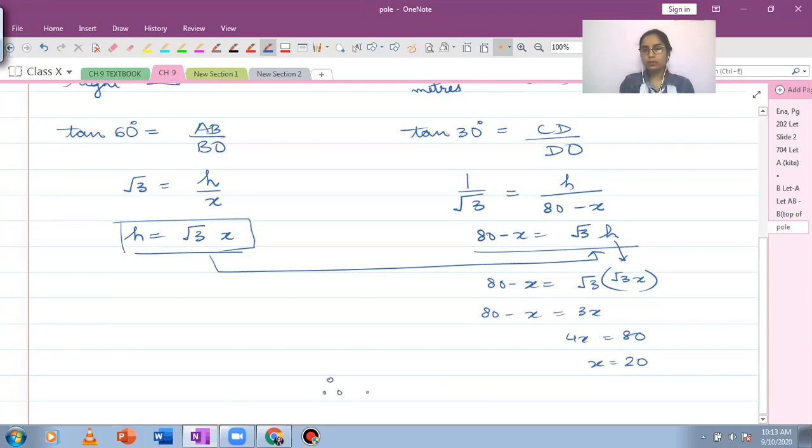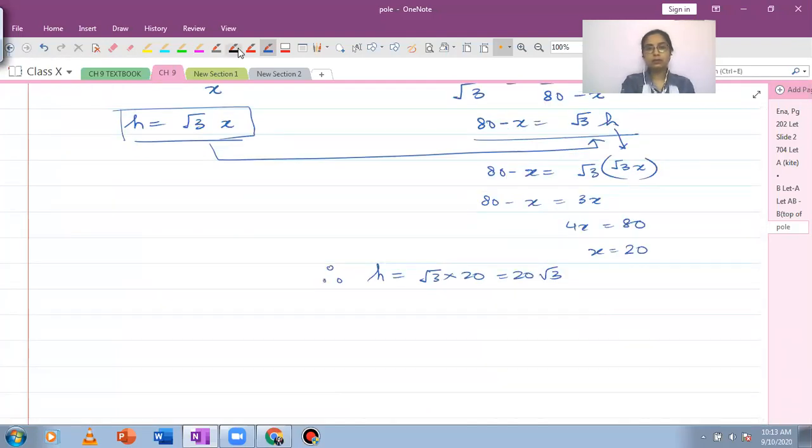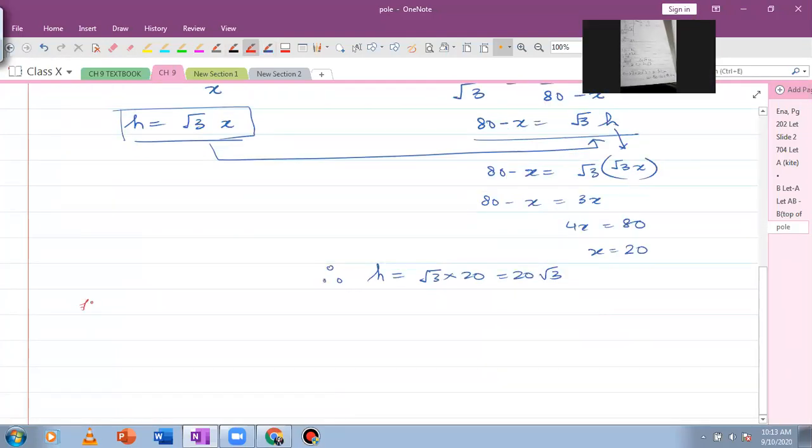Therefore, you can find h as root 3 multiplied by 20. This will be 20 root 3. And then you can give the answers finally, which is actually required here.